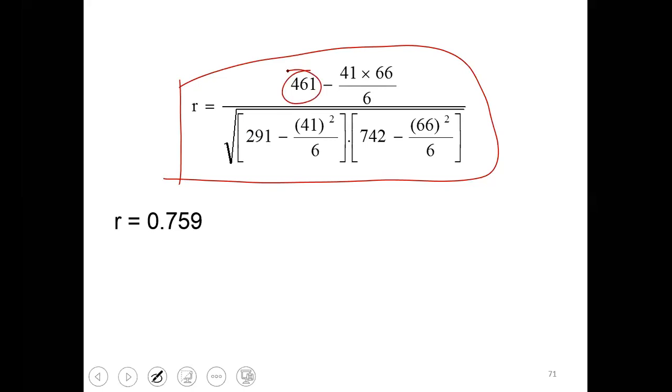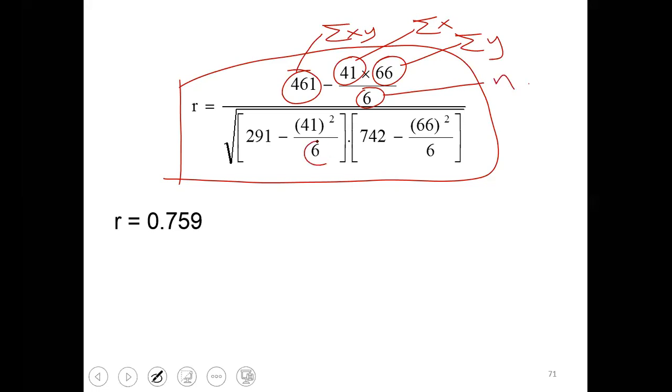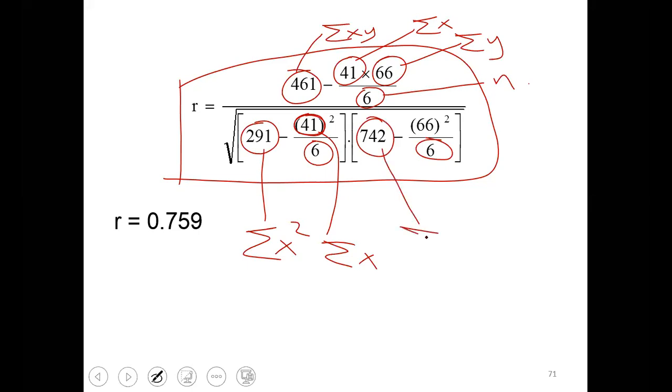This is summation xy. This is summation x. This is summation y. This is n, as you all know. This is summation x square. That 41 is summation x, right? This is summation y square. This 66 is summation y.